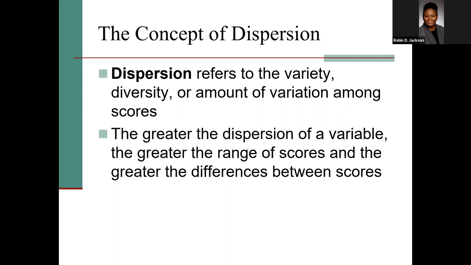So what we would look at and try to determine is if the scores are spread out and further away from the mean, or are these scores more compact? Are they more squeezed in and closer to the mean? If the scores are spread out and further away from the mean, then there's more variation or dispersion. That might not be something that we want for something like this, okay?